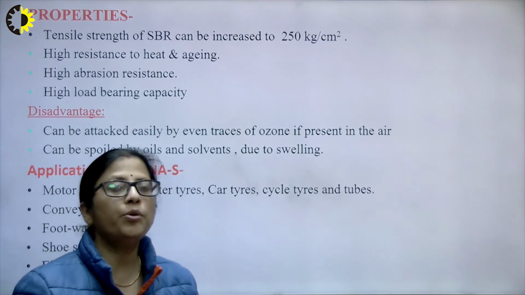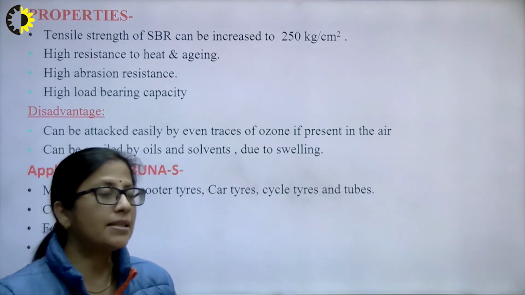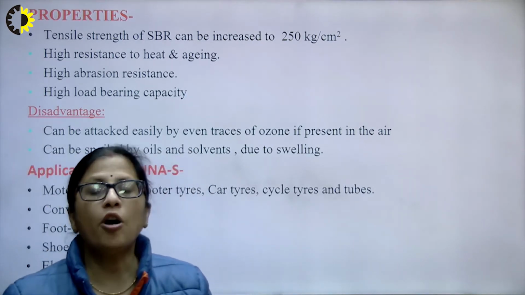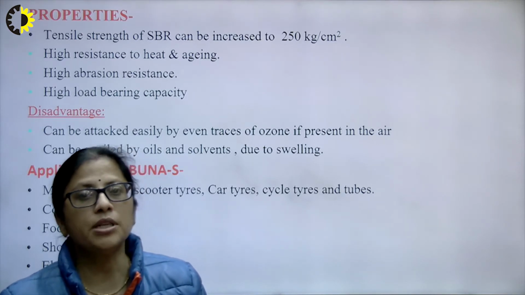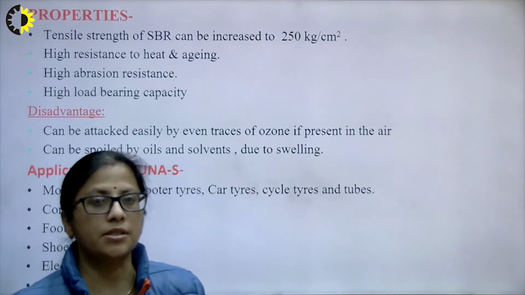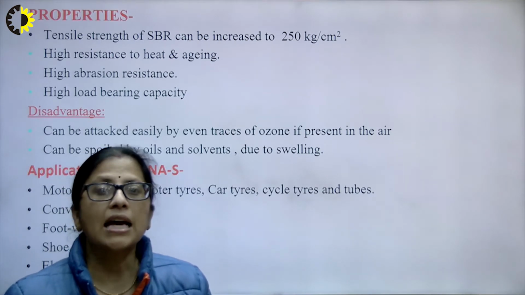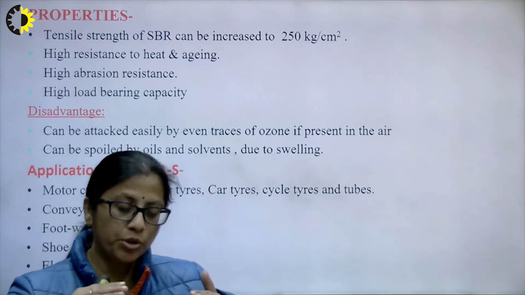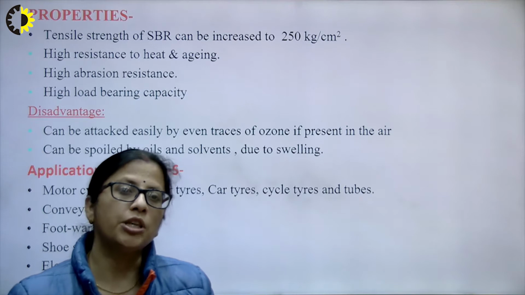Then it has high abrasion resistance. By abrasion resistance, I mean that its surface will not wither off soon, but we can use it for a longer period of time. So its surface is abrasion resistant. And this polymer has high load bearing capacity. That means we can put high load on it, even then the properties won't change.